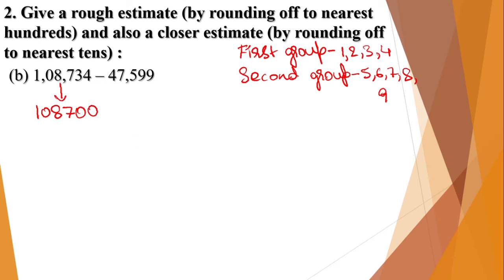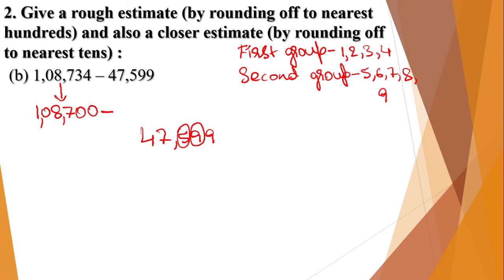So 1,08,734 rounded off to the nearest 100 will give us 1,08,700. Now the operation is subtract here. And the next number which we have is 47,599.